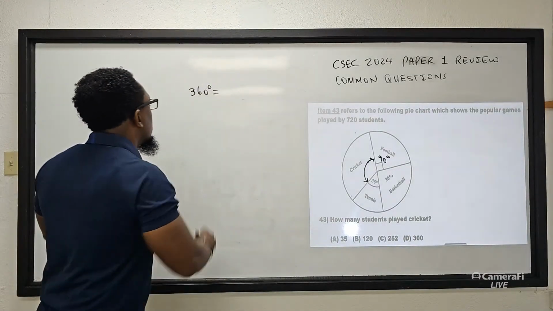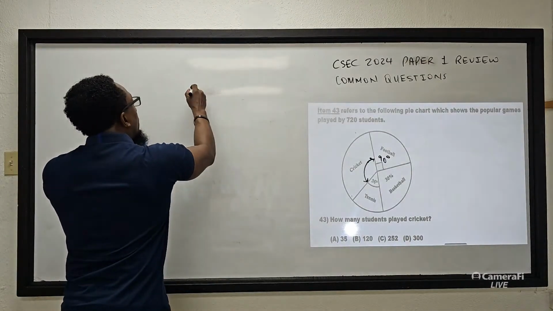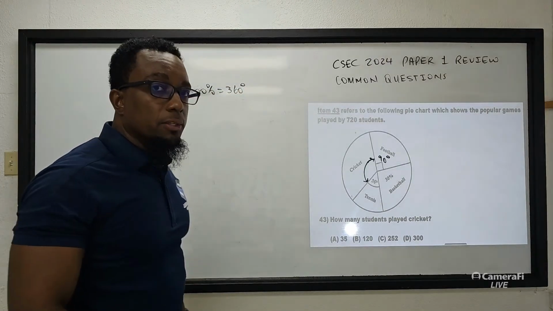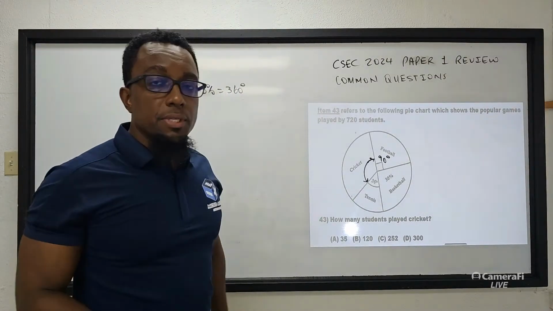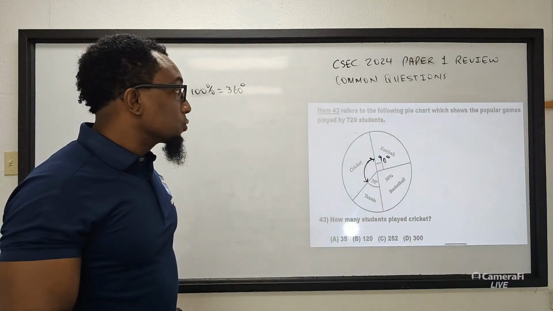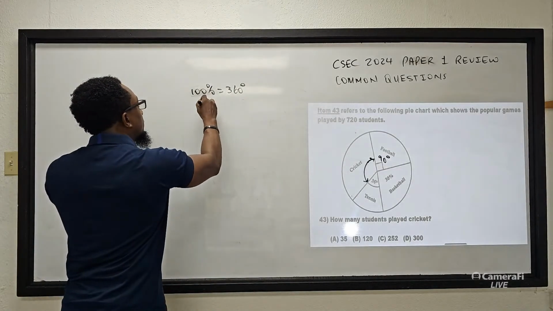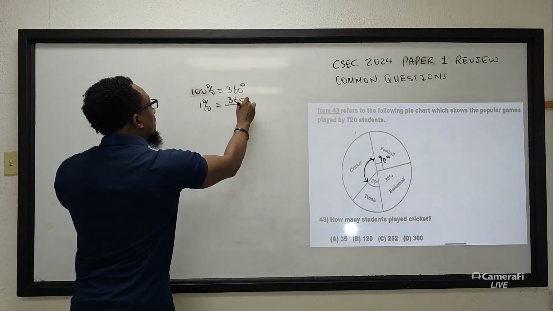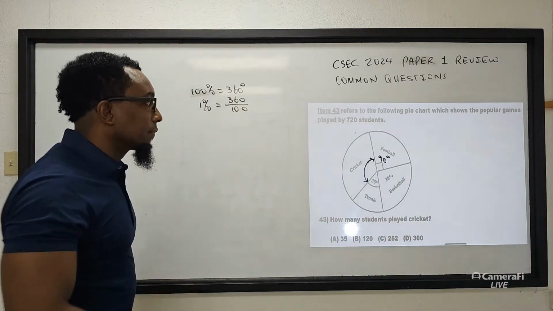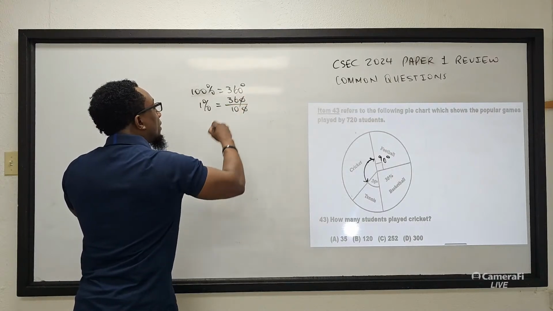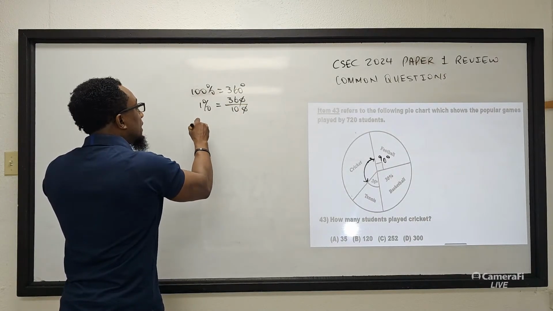good? Or let me write it this way, 100% is equal to 360 degrees. 100% is a full circle, which is equal to 360 degrees. So you want what is 30%. So 1% is 360 all over 100. And therefore, of course, these two zeros go.